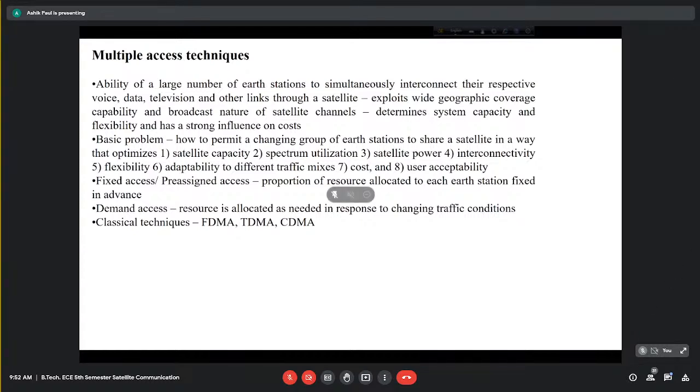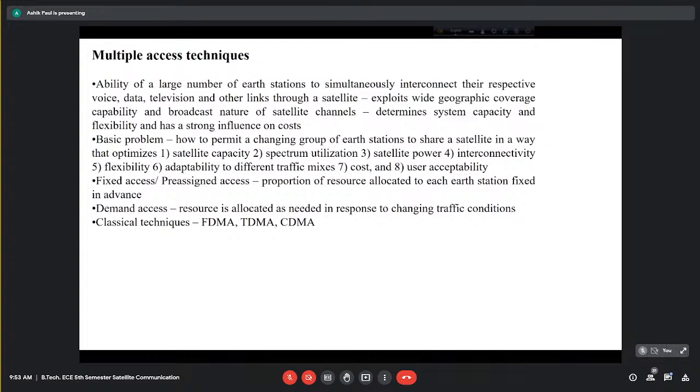The region where the natural disaster or calamity has happened may need more bandwidth or time in those times. Therein also, for search and rescue operations, dynamic access or demand access becomes important.